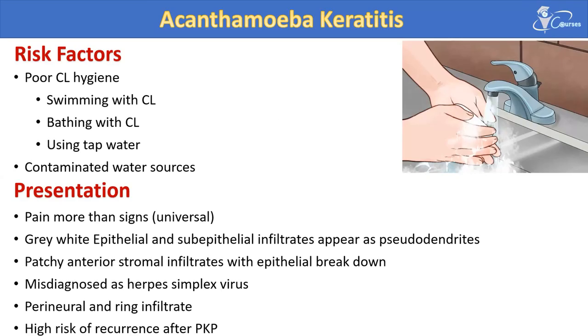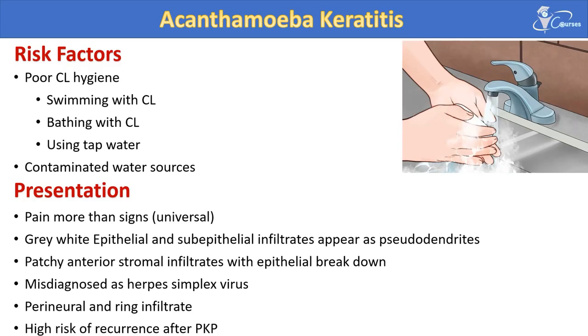Remember that acanthamoeba can be present in stagnant, unclean water. So these can contaminate the contact lens, and when the patient puts the contact lens on the eye, they will tend to invade the eye. Remember when I told you that contact lenses are one of the risk factors for developing infectious keratitis.